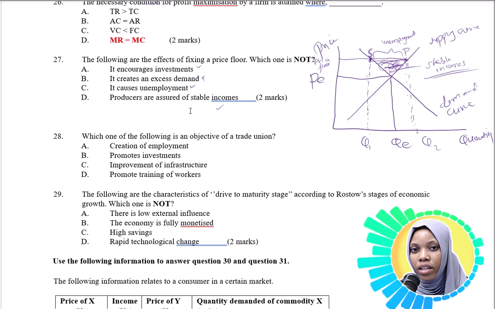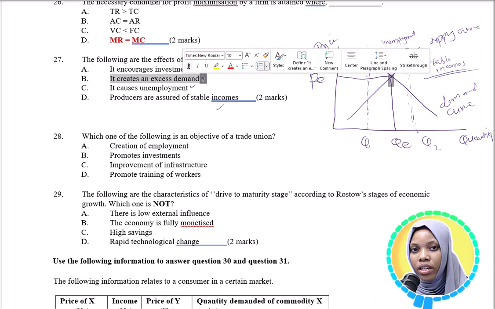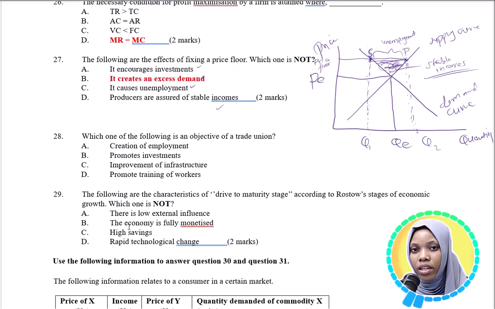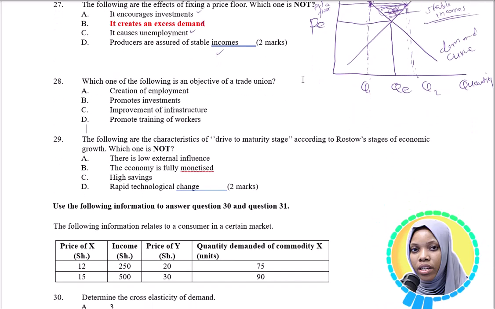So our answer here, that is not an effect of price floor, is creating an excess demand. We have seen that it creates an excess supply from the graph.